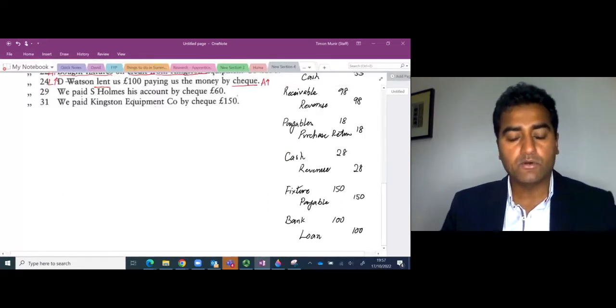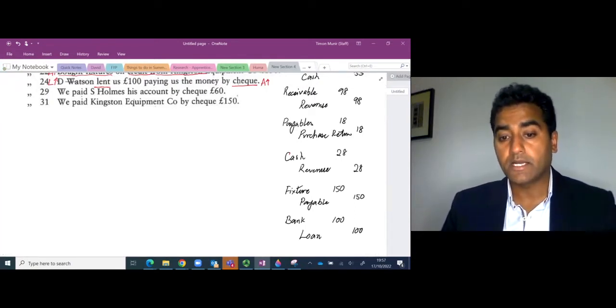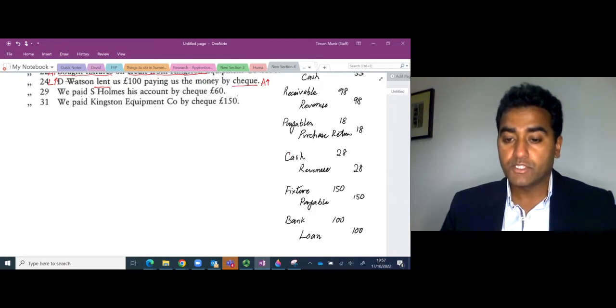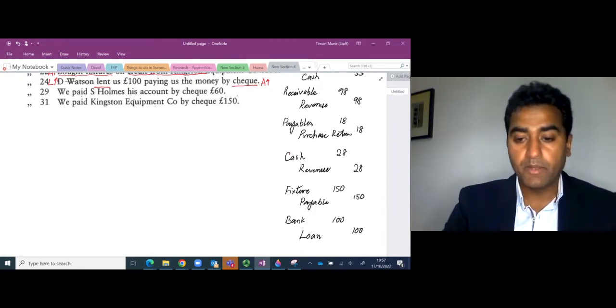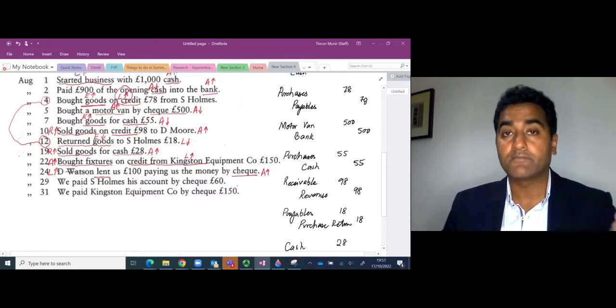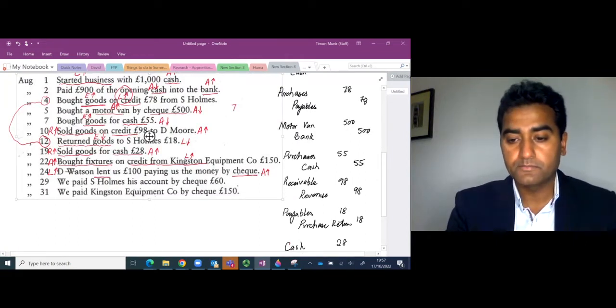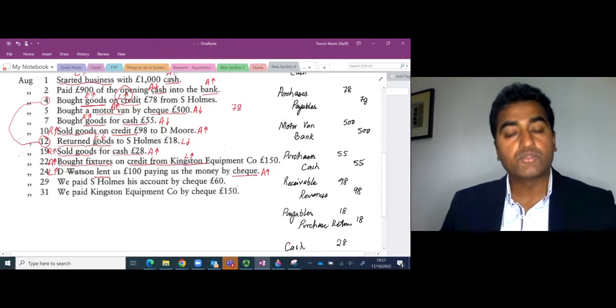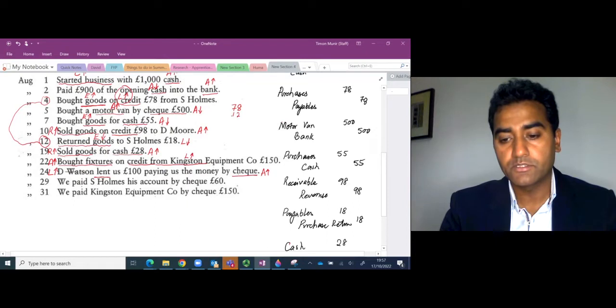In the next transaction, on 29th of August, we paid S. Holmes his account by check, which is £60. Now remember, on 4th of August, we bought goods for £78. On 12th of August, we returned some of the goods worth £12.